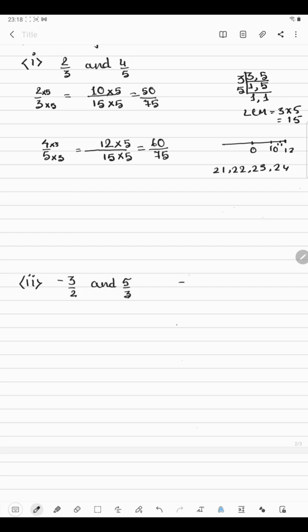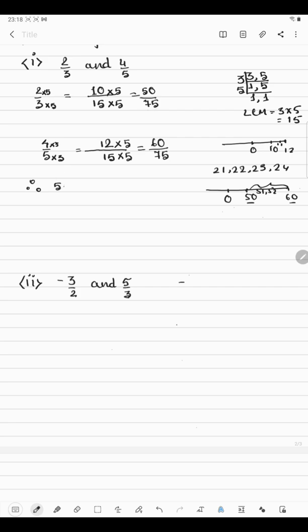So either we will start from 51, like if you see here, suppose here is 0 and here is 50 and here is 60. So we will not take this one, we'll take in between this. So you can start from 51, 52 like this, or you can start from the end also, like 59, 58 like that. So we'll go serially and we will write this denominator, which is 75.